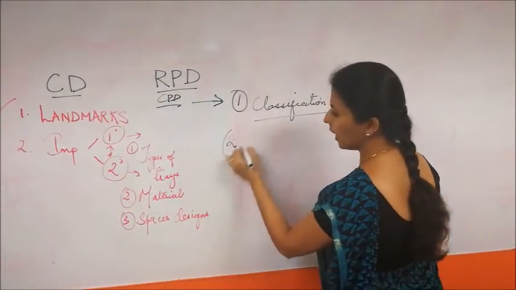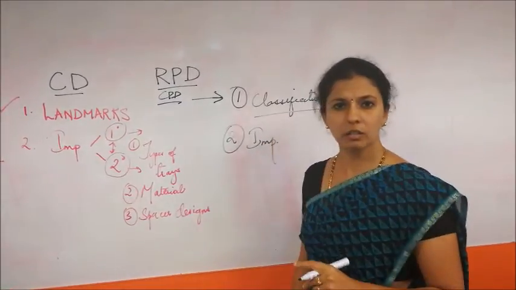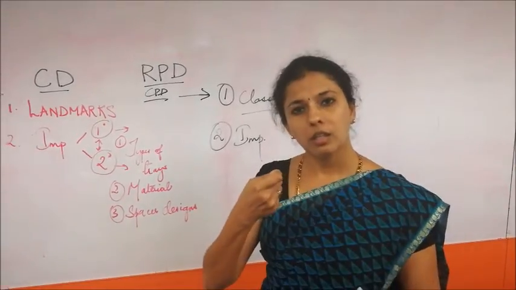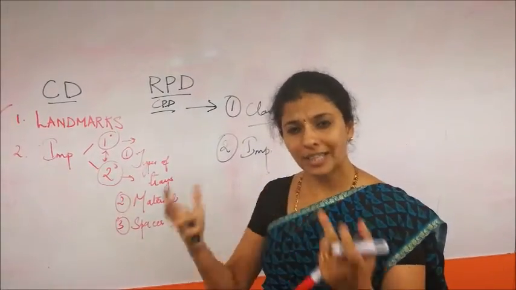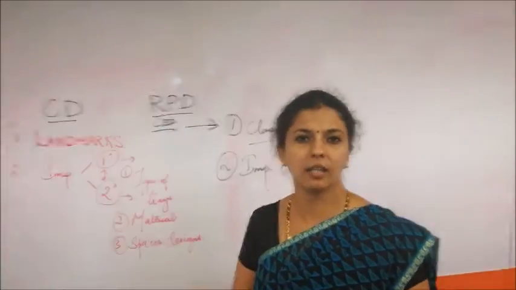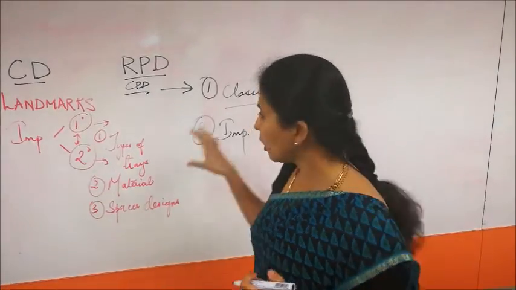Number two, as I told you, impression. For a dentulous or partially dentulous patient, we may ask you to do an impression. Not the entire procedure, maybe the selection of the tray itself or how to mix the alginate. Something like that in the impression procedure will be asked. It need not be a patient as such.